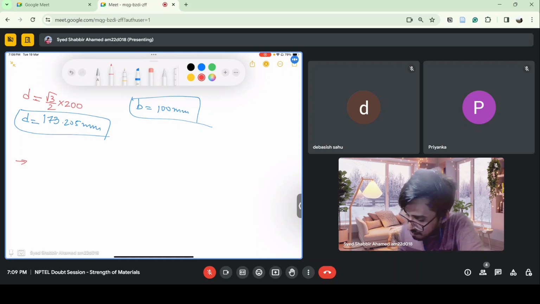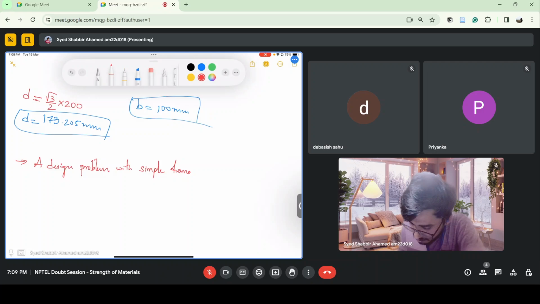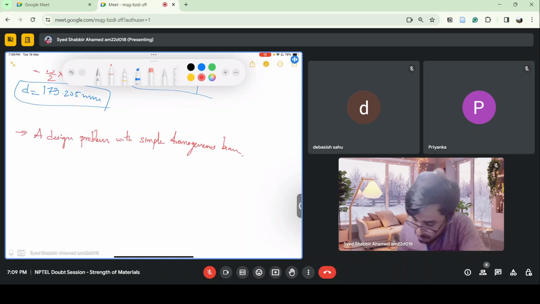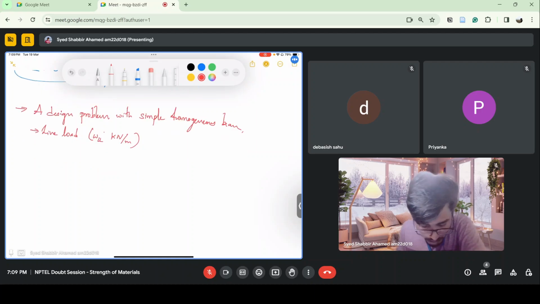So we have a design problem with a simple homogeneous beam subjected to some live load, say w_LL, small w_LL, kilonewton per meter. And it has a box cross section.